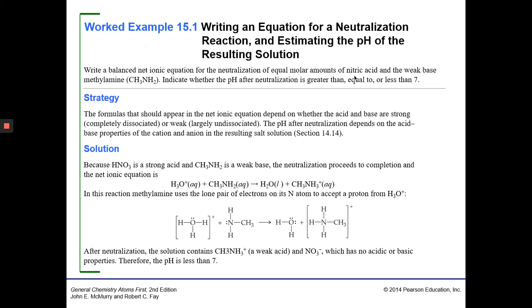Okay, because nitric acid is a strong acid and methylamine is a weak base, the neutralization proceeds to completion, and the net ionic equation is hydronium plus methylamine produces water and the methylammonium ion. After neutralization, the solution contains CH3NH3+, which is a weak acid, and nitrate, which has no acidic or basic properties. Therefore, the solution is acidic and the pH is less than 7.